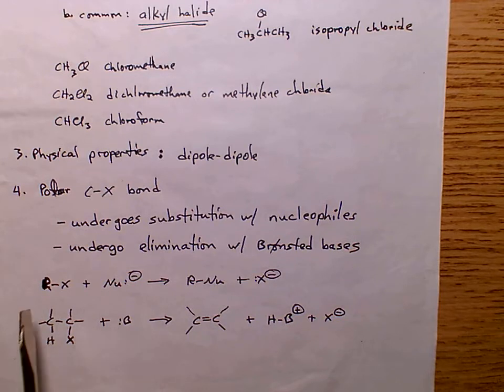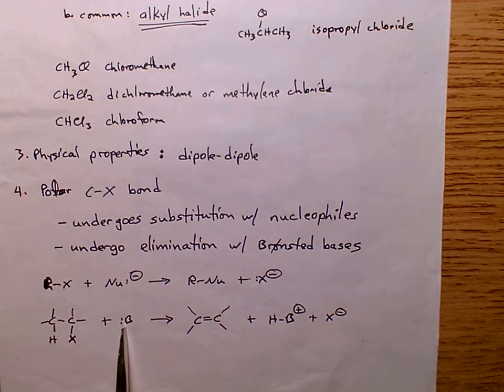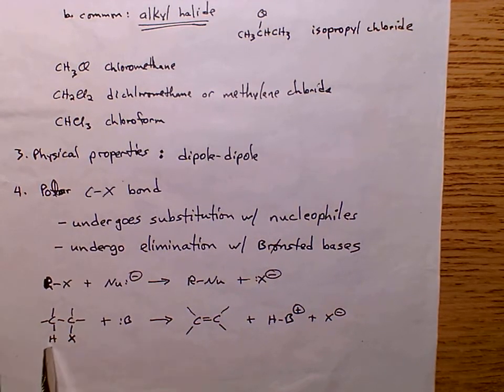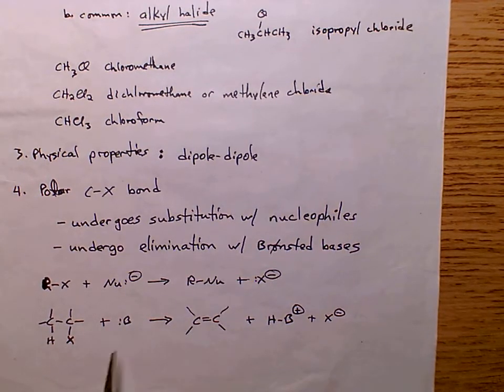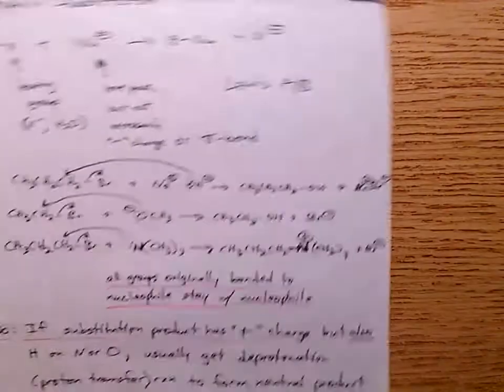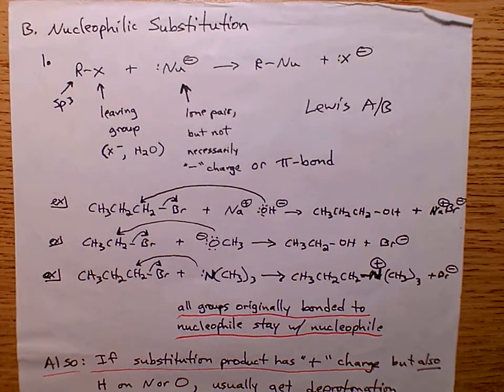All right. Now that is nucleophilic substitution. In Chapter 8, we'll look at elimination, where a base can come in and take this proton here, and then this leaving group, this halogen X, leaves, making a double bond. Worry about that in the next chapter. Right now, we're going to focus on nucleophilic substitution.